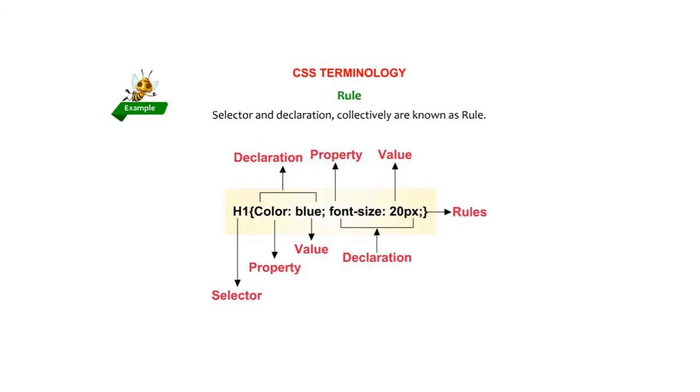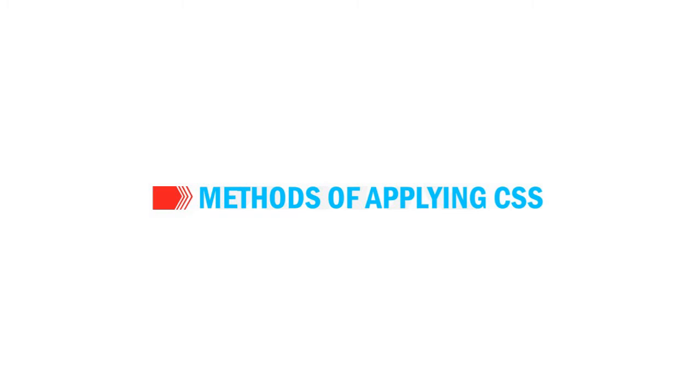For example, here H1 is the selector, then curly brackets. Now its property is color and the value of the property is blue, and together they are a declaration. Then font size. Font size is the property and 20 is the value, and together they are a declaration, and the whole is a rule.